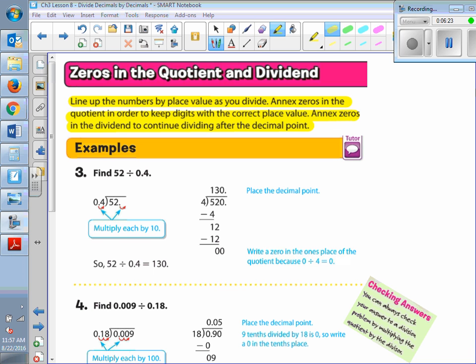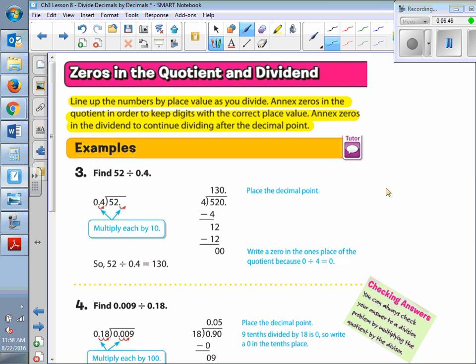All right, so for example 3, it says find 52 divided by 0.4. So which one goes on the outside of the house? 0.4. Very good. Did you get that? Okay. So here we have the 52, and maybe I'll rewrite it out here.